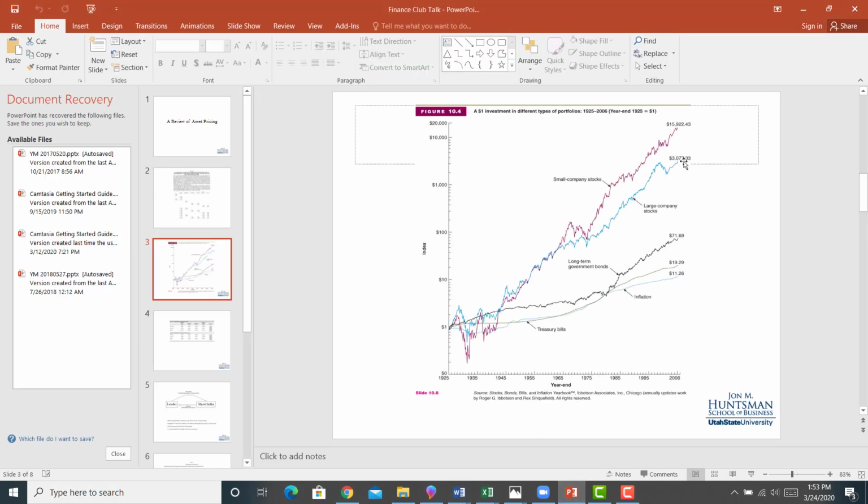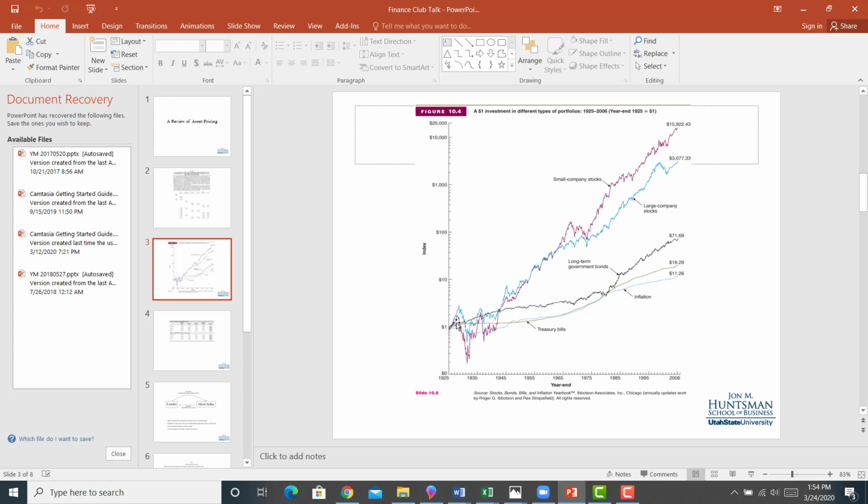Here's an interesting graph. I don't have the most up-to-date data here, but you can see from 1925 to 2007, it measures how much your investment would be worth if you put $1 in. The blue line represents the S&P 500, or the 500 largest stocks: what that dollar would be worth if you invested in 1925, what it would be worth in 2007.